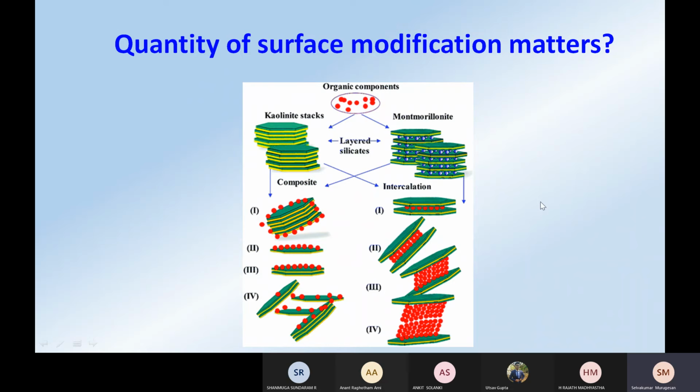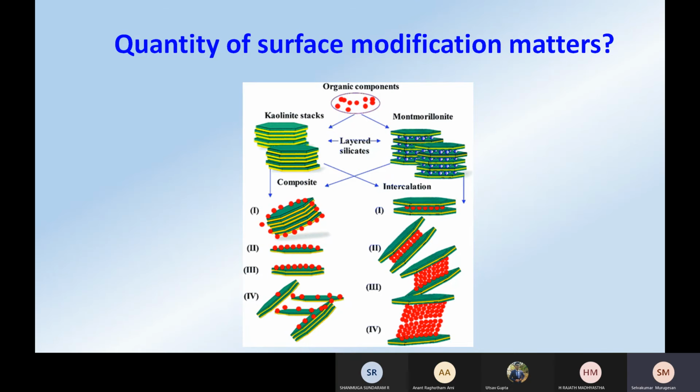Now, I quite often used to discuss what surface modification is. For example, clay is completely hydrophilic, and the space between the layers is roughly 2 to 10 nanometer. In that small gap, inserting your polymer chains is pretty tough.